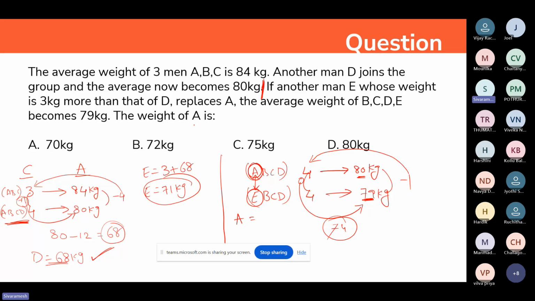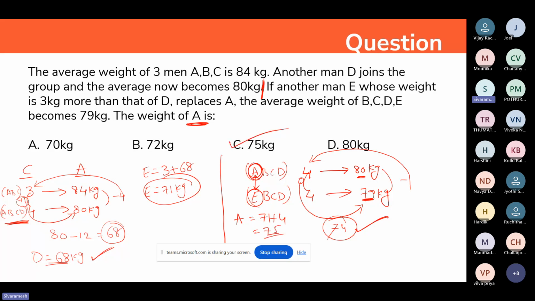They are asking us to find the weight of A. We already know E weight is 71, and A is 4 kgs more than E. So 71 plus 4 equals 75 kgs. The weight of A is 75 kgs.